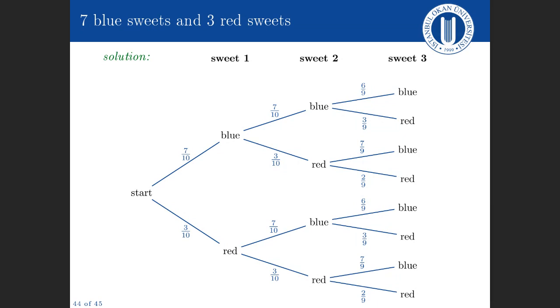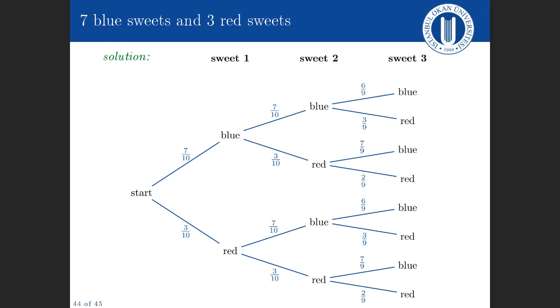Let's work out these probabilities. If he eats a blue sweet, then that means there's 6 blue sweets left and 3 red sweets left. So the probabilities are going to be 6 over 9 and 3 over 9. And this part down here is the same. If he eats a blue sweet, then the probabilities are going to be 6 over 9 and 3 over 9.